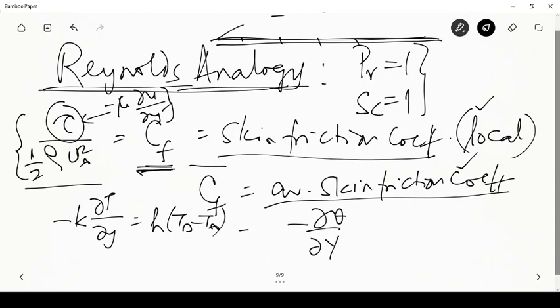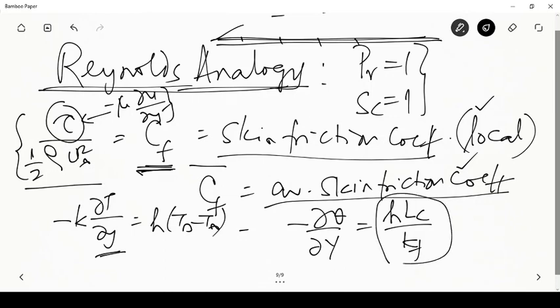Okay, so this T minus Ts divided by T infinity minus Ts would actually give me del theta by del y, and there needs to be an Lc here which would go up there. This would actually become h Lc by kf.